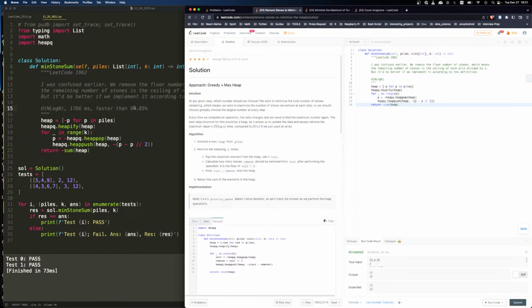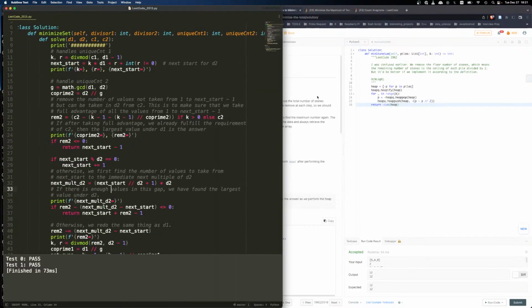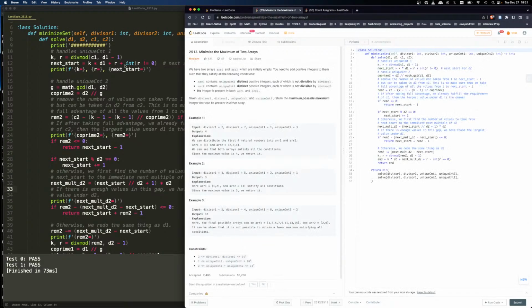Okay, so are we done with this? Alright. Binary search. Here's the epiphany that I had last night. We have the count and then we have the divisors. The best strategy is to fill the first n values as much as possible.